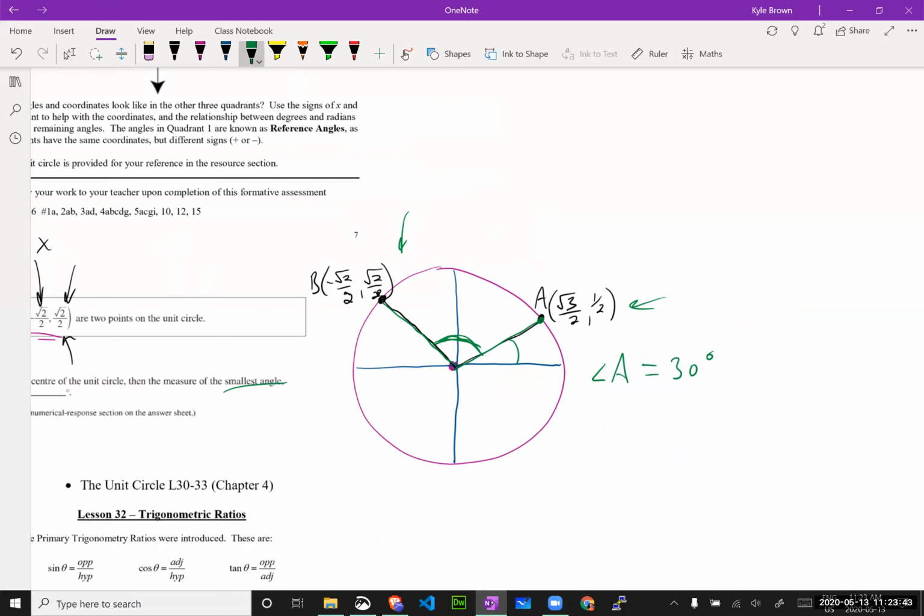Okay, angle B there is going to be, well, if you think about it, where this happens, that's when this is 45 degrees, right? So if I was making my triangle out of that again, and that's 45 degrees, then what I can do is say, if I want to know what it is from here to here, then angle B is equal to 180 degrees minus that 45 degrees, right?